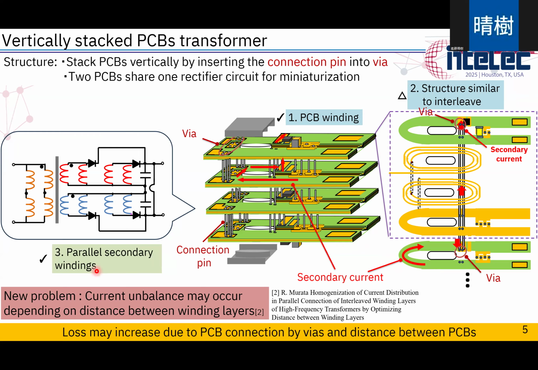But a new problem occurs. So current unbalance may occur depending on the distance between winding layers. So loss may increase due to PCB connection by vias and the distance between PCBs.